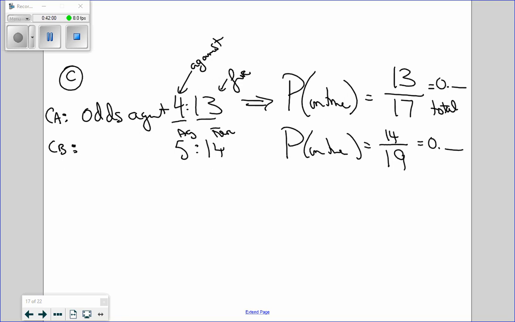A? 100th. And what was B? That's why you want to convert them to decimals, because you can't tell if 13 over 17 is bigger than 14 out of 19. It's too close to call. So make sure you actually answer the question.